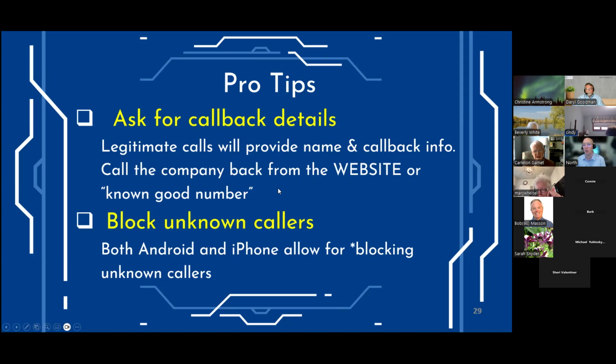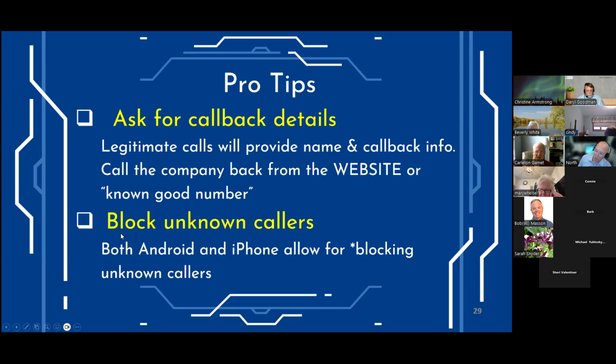Do not call them back from the number that they give you. If the number they give you matches the number online, then you can be reasonably confident that you're talking to somebody who's legitimate. So two things. Demand callback information. If it's legitimate, they'll give it. If they fight you on it or resist or pressure you to stay on the call, hang up. It's just that easy. That's how you defend against those.